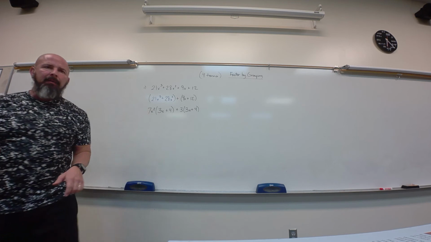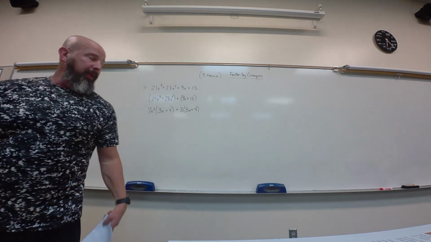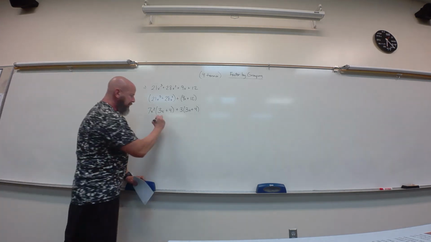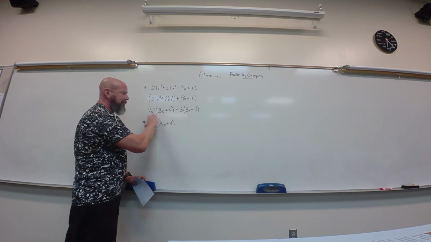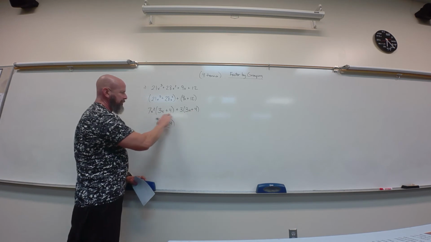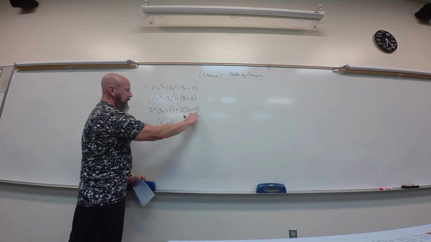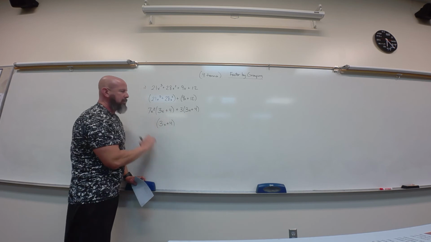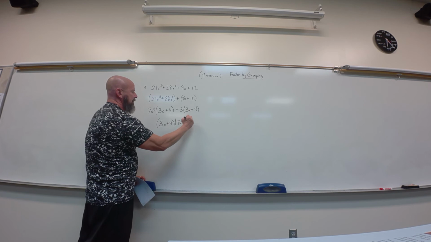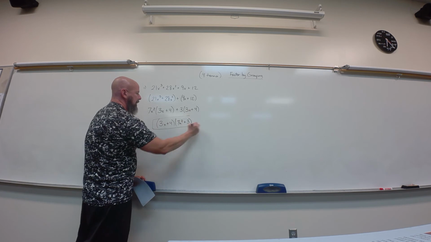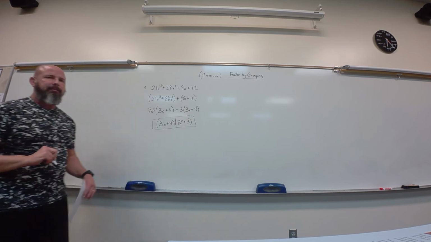I now have a common factor of 3x plus 4. So that 3x plus 4 is coming out, factoring out of each one of these terms. Again, first term, second term. I can see those same things. Okay? And that will leave me with a 7x squared plus 3. And there's my factored piece.